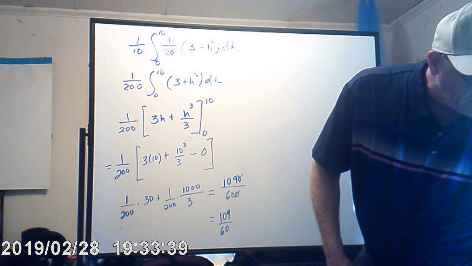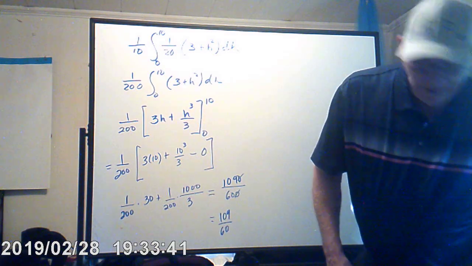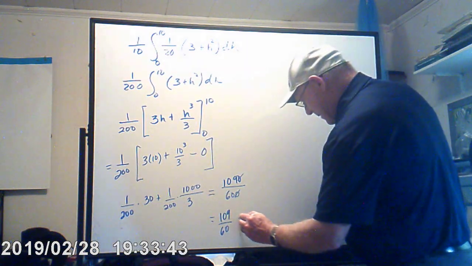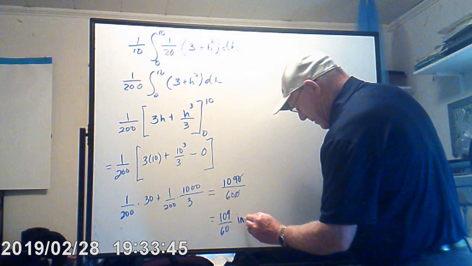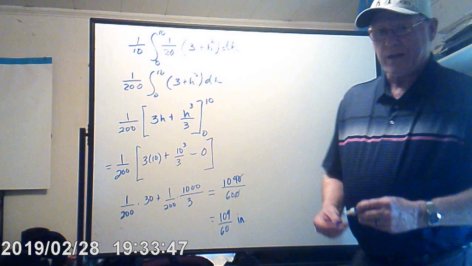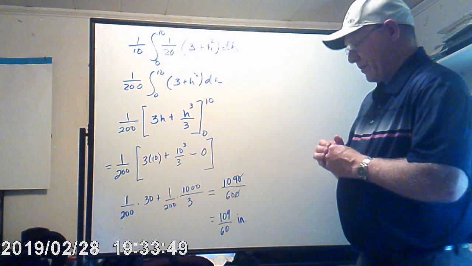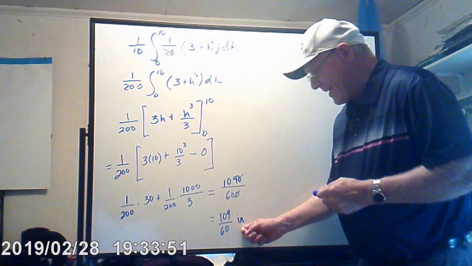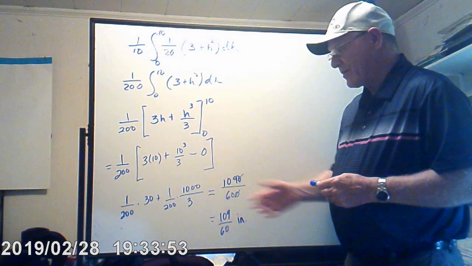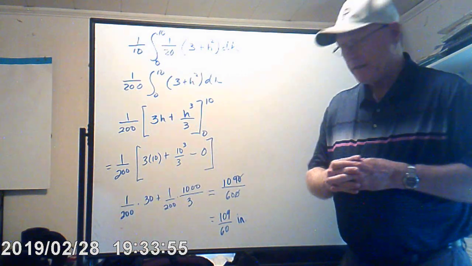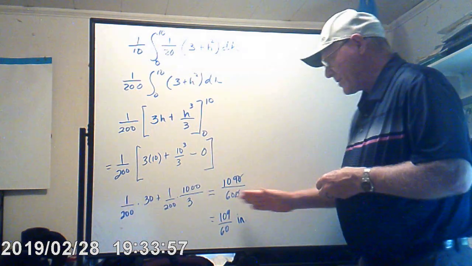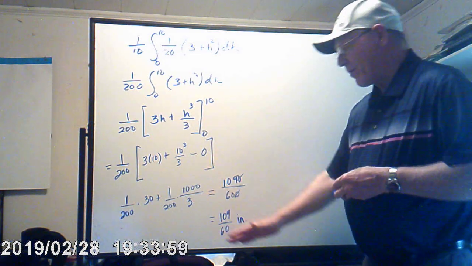Do they want units on this? Let's see, find the average radius. Since this is in inches, yeah, you might want to go ahead and put the units down. It's a radius, so radius is in inches. In this particular case, we're having to deal with inches. Okay, there's the first one right there. That's part A right there.